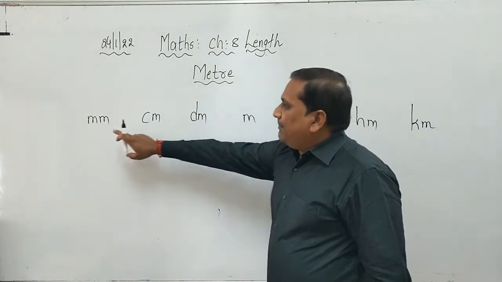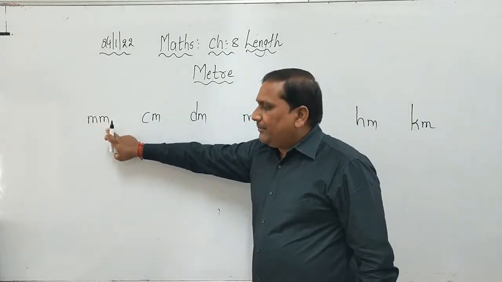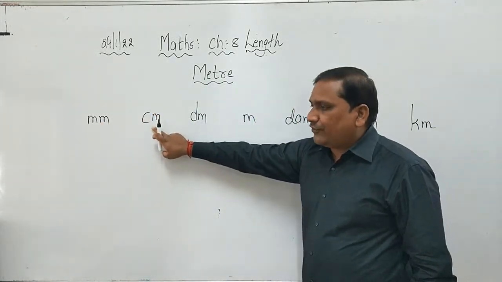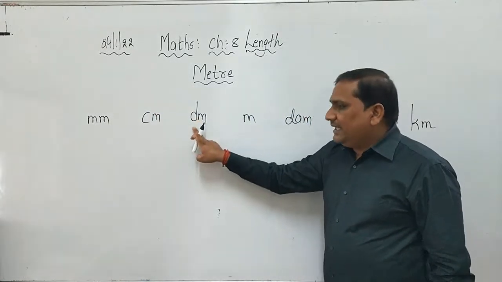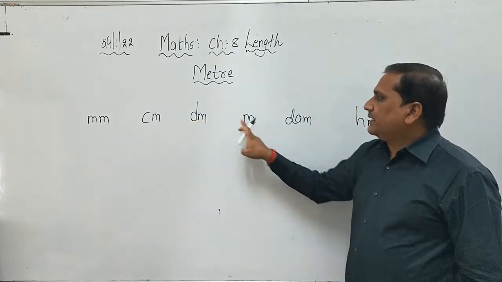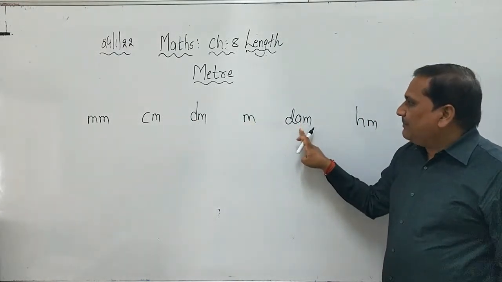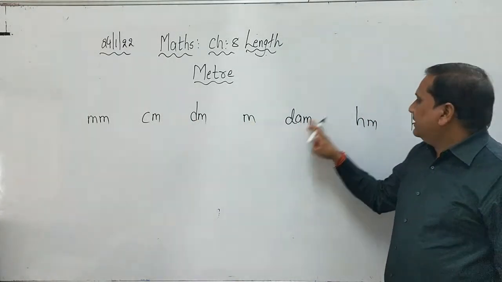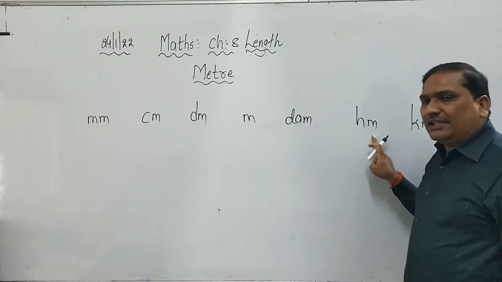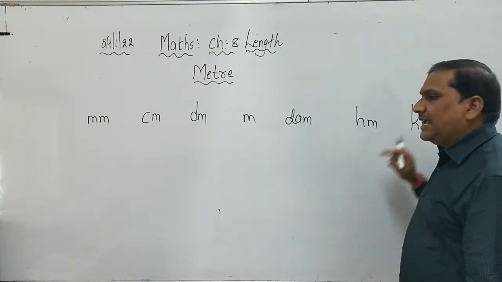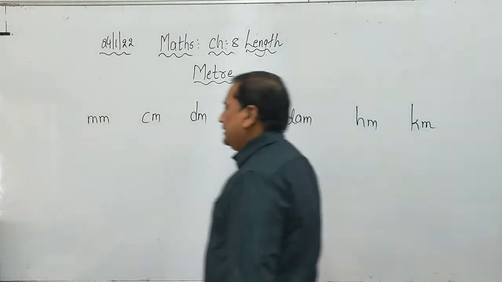So mm stands for millimeter, cm stands for centimeter, dm stands for decimeter, m stands for meter, dam stands for decameter, hm stands for hectometer, and km stands for kilometer.